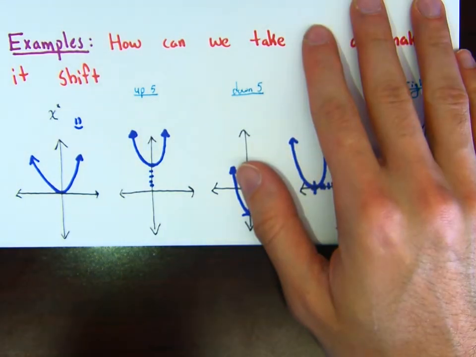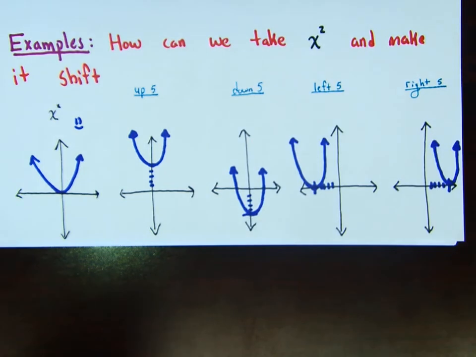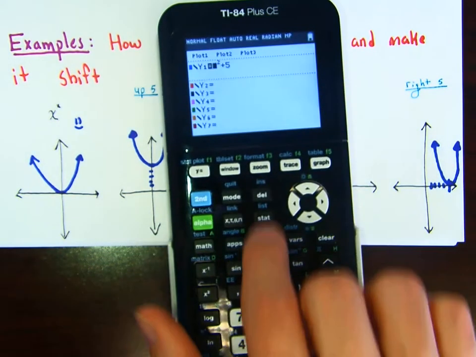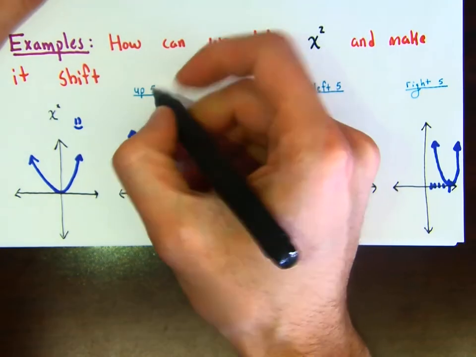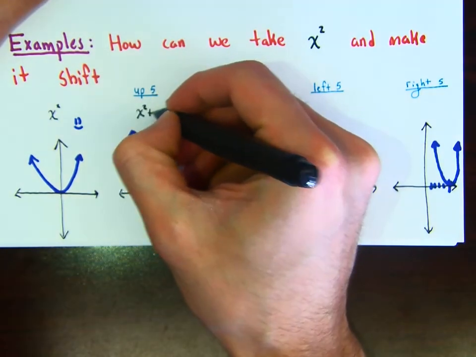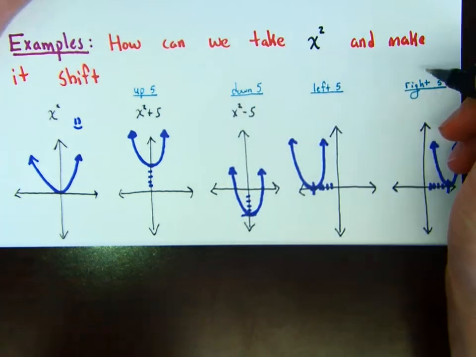Where was I? Oh yeah, okay, so here we had x squared plus 5 makes the graph go up 5. Okay, so then also, if I wanted to go down 5, it'll be x squared minus 5.